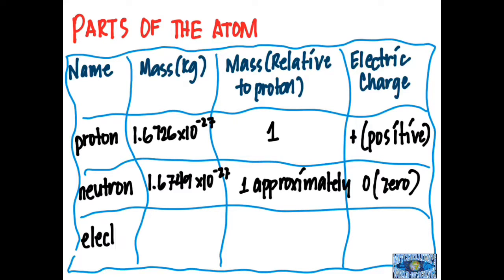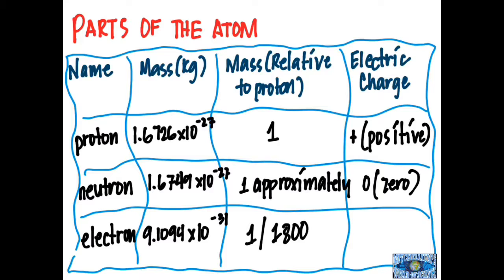And lastly is the electron, which has a mass of 9.1094 times 10 to the negative 31. And its mass is 1 over 1,800 relative to the mass of the proton, and it is negatively charged.